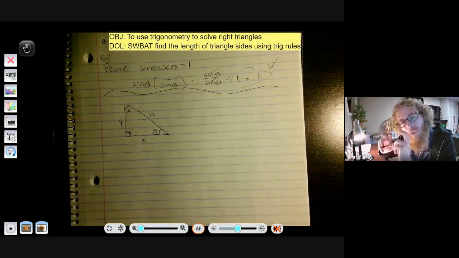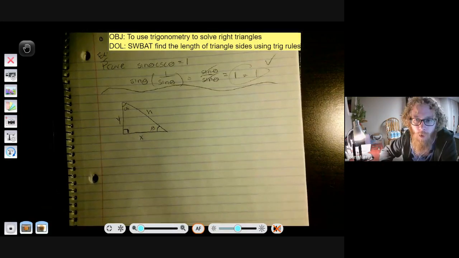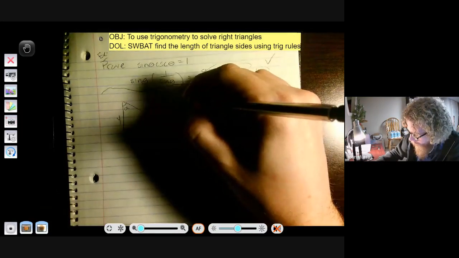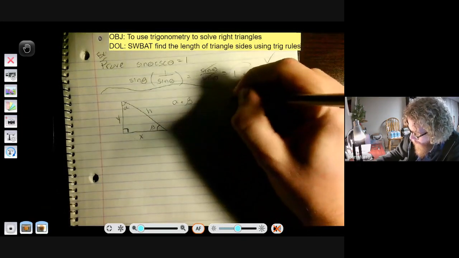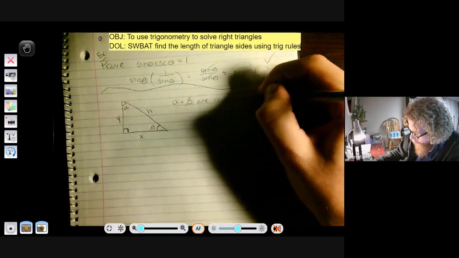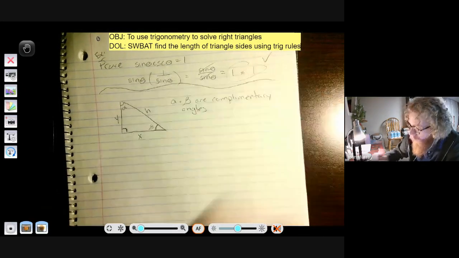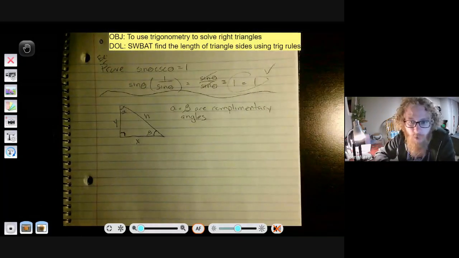So we have 90 degrees left over between these two angles. We have a special name for that. We call alpha and beta complementary angles.